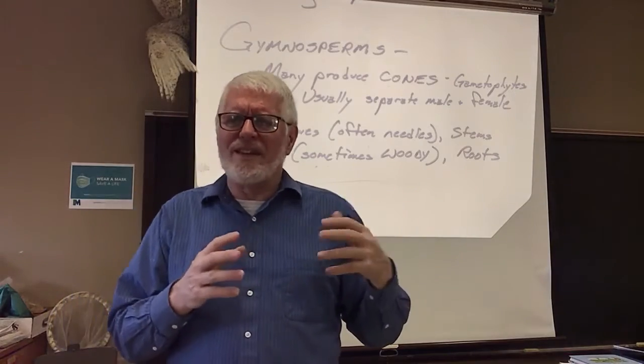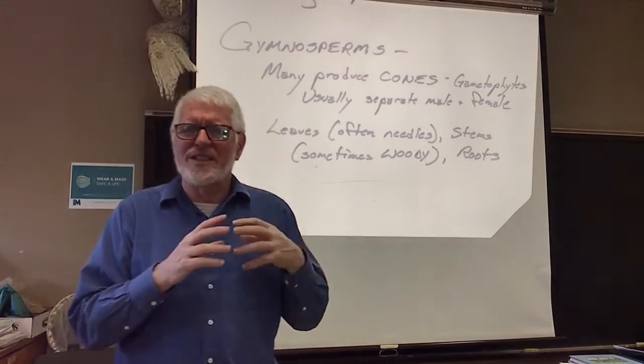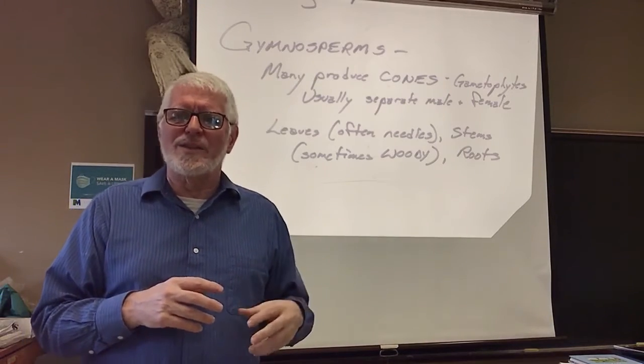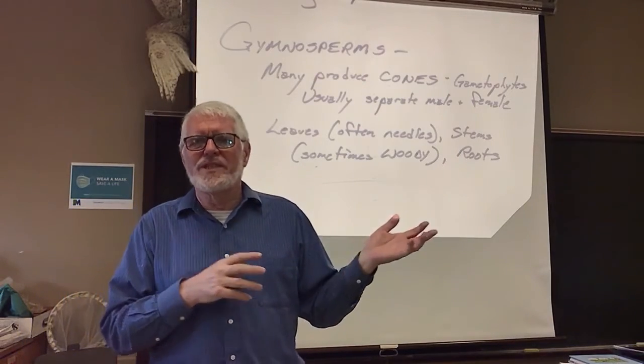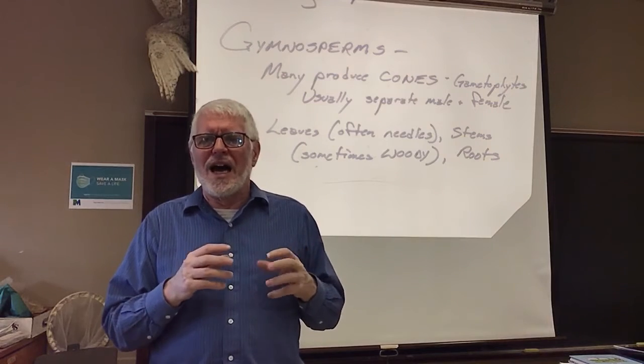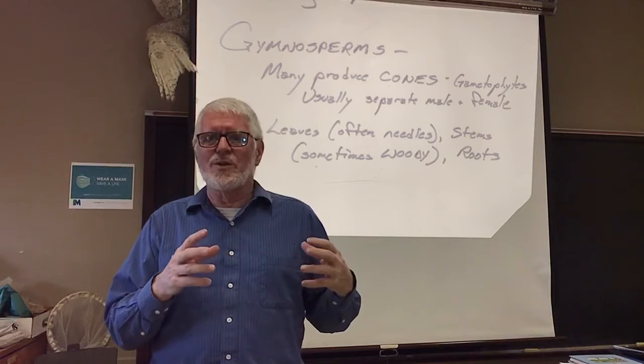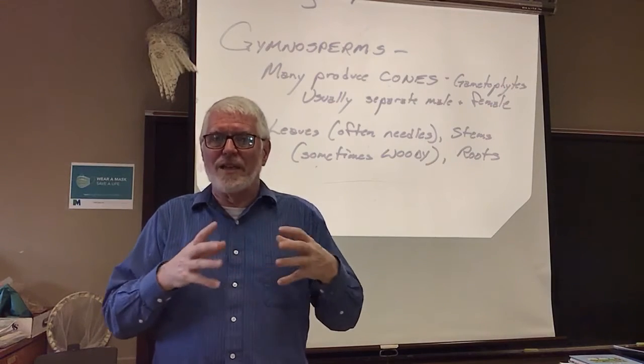We'll come back to this and talk about tree rings, because it's something we tend to think of more for angiosperms as well. But both gymnosperms and angiosperms, if it's the right kind of angiosperm, produce seasonal rings of xylem.